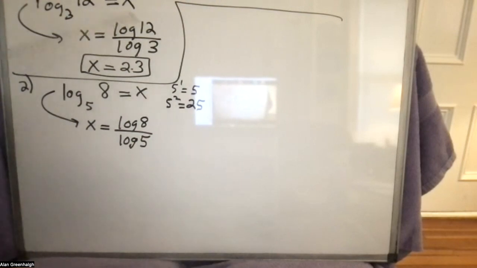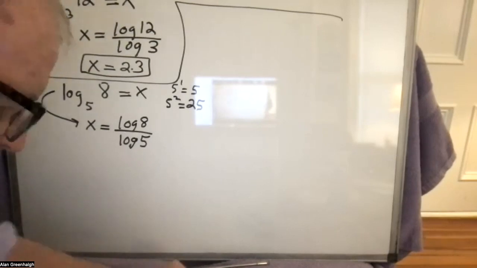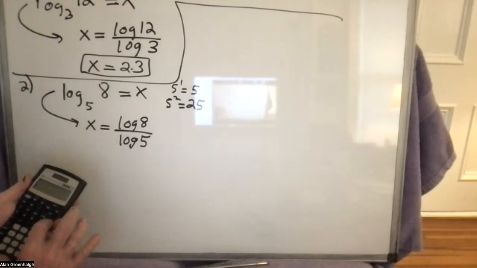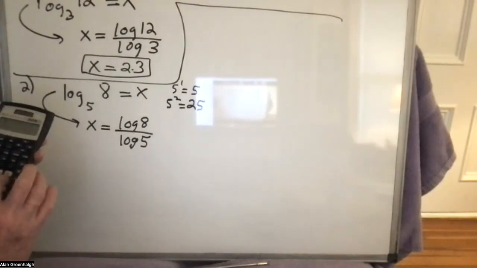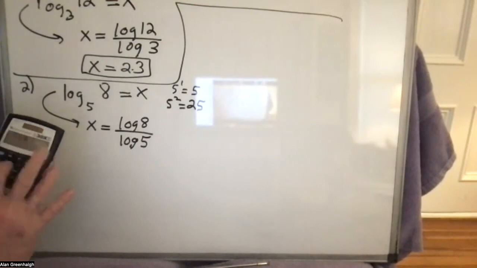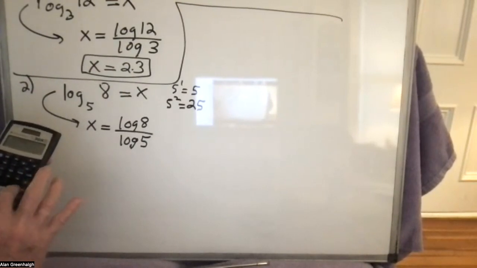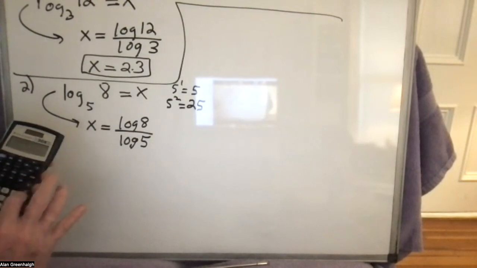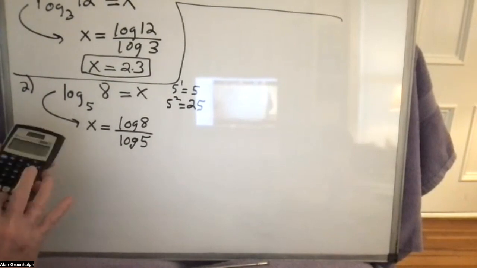Just the way we went from here to the log of 12 divided by the log of 3, here we go from the log of 8 divided by the log of 5. And that's it. But you still have to do the problem on the calculator. So you still have to turn it on, clear it. Okay, let's see now. So we have log of 8, close, and then divided by the log of 5.